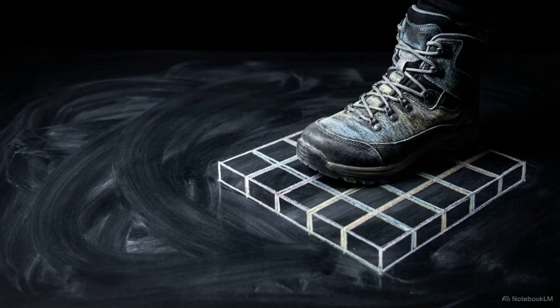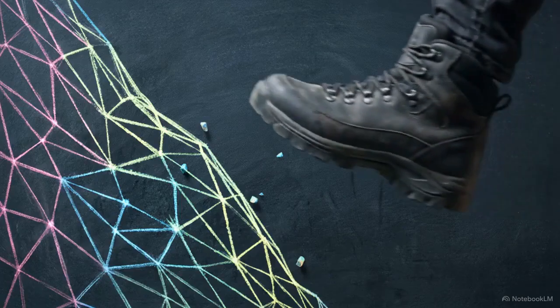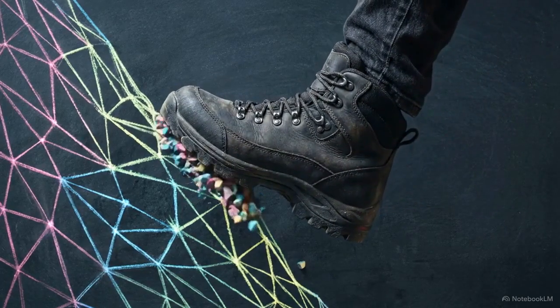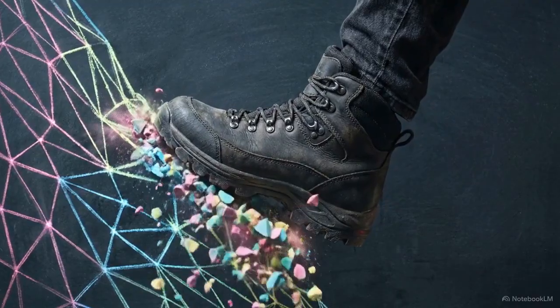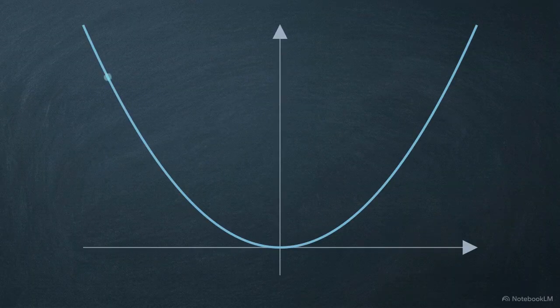Since the AI can't see the whole mountain at once, it needs a mathematical sense of touch to feel the shape of its own mistakes. That sense of touch is calculus. Before taking a step, our hiker sticks out their boot, pressing into the ground to feel how steep the slope is directly beneath their foot. This 2D diagram shows a slice of our mountain.